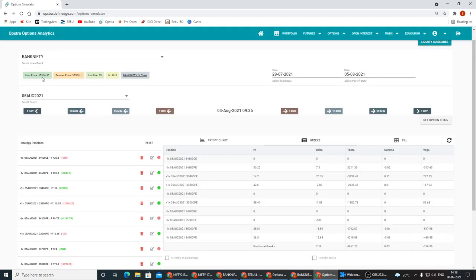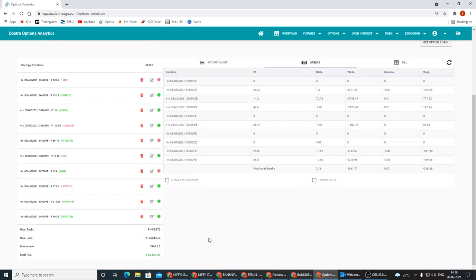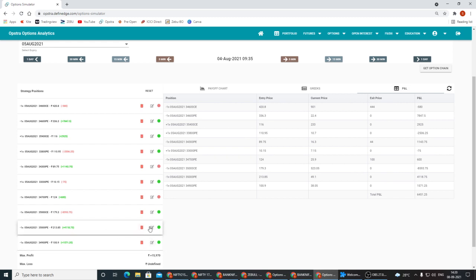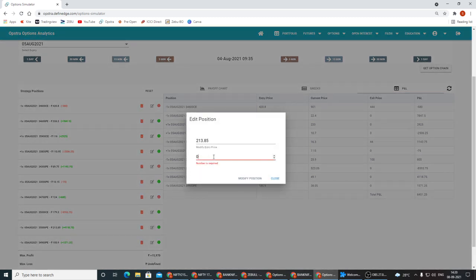So what is the current price? 35,500. The market is moving very fast. Okay, what is the profit? 6,400. And what is the delta? Okay, the call delta becomes 100 and the put delta only 25, 27. Okay, so here what I am going to do is I am going to close 35,000 put. 35,000 put is trading around 49.